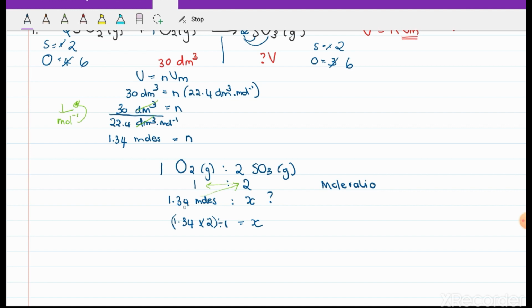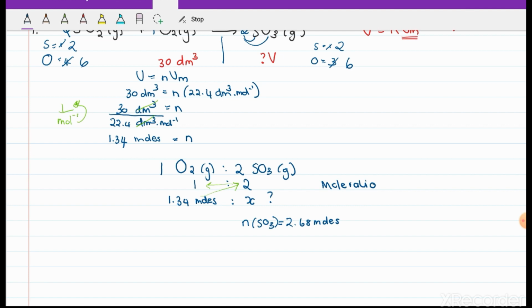And if you just want to be quite simple about it, 1 is 1.34, so 2 will be 2 times that. Okay, that makes it actually quite simple. So 2 times that will give you the moles of SO3, and that will give you 2.68 moles. So now you have the moles of your SO3 gas.